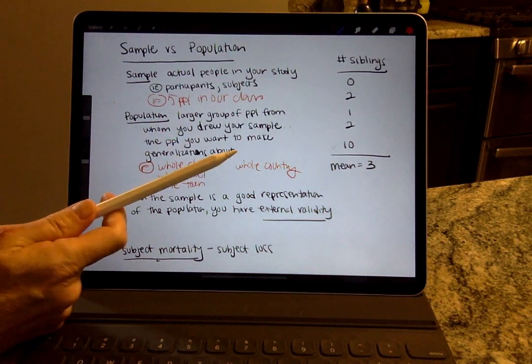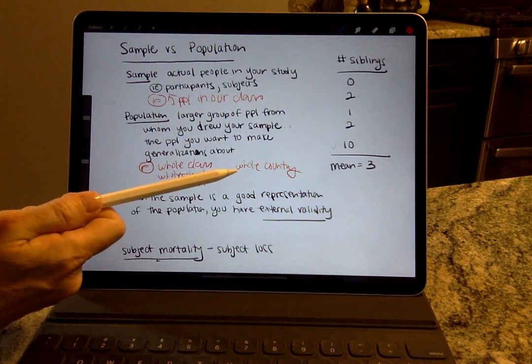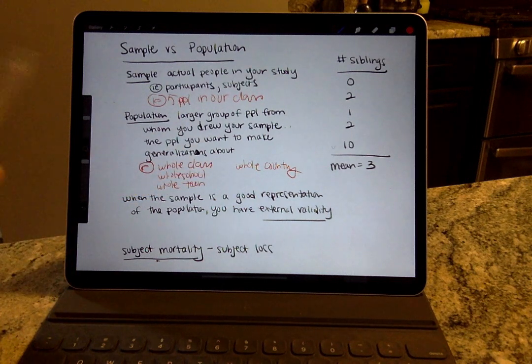When the population is all adults or a whole country, and your sample is undergraduate college students, you probably don't have good external validity. If you're ever asked to critique a research article, this is one easy place to go. I always recommend students go here at the beginning, because it's very common in psychology for the sample to be undergrads and the population to be all adults.